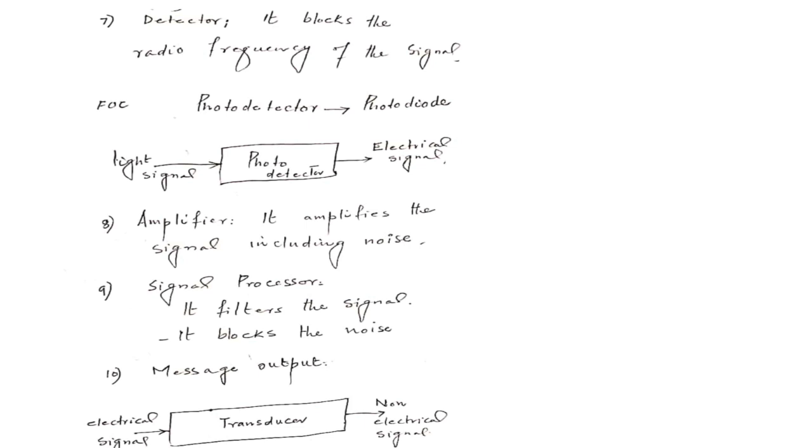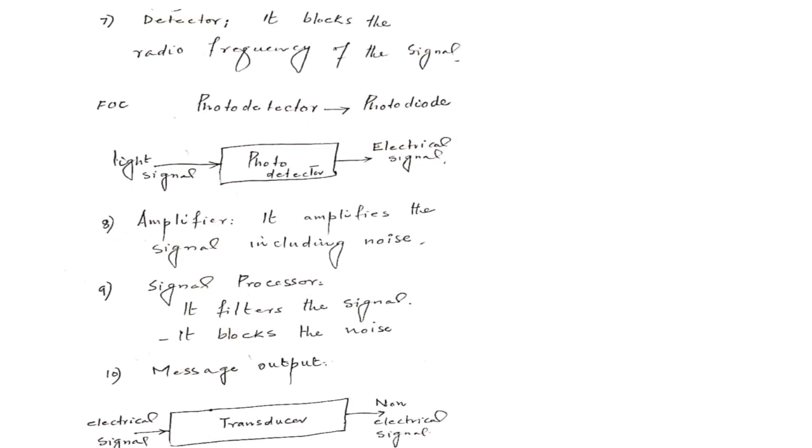And there will be a bit error rate. But if we talk about a quality communication system, the bit error rate should be as minimum as possible. So anyhow, this is the function of the signal processor. It filters the signal, it blocks the noise, it blocks all the unwanted frequencies of the signal.